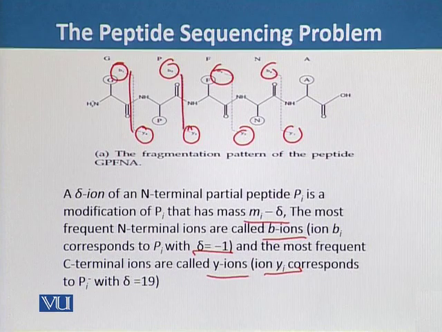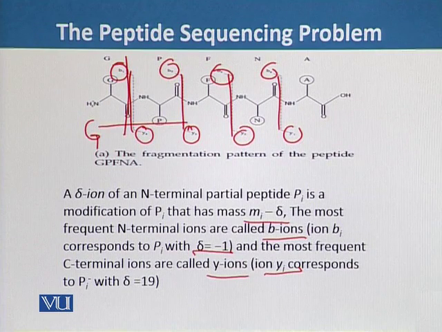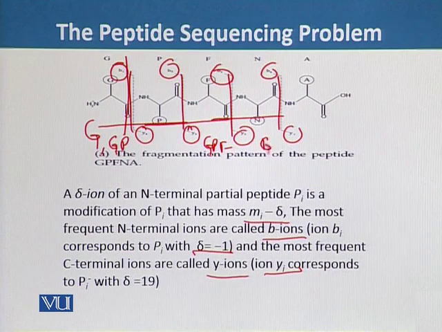And we can see the amino acids present in a peptide, and it can be fragmented as G for one fragment. If we consider 2, GP. If we consider 3, GPF. And if we consider 4, GPFN. And this is from the N-terminal.